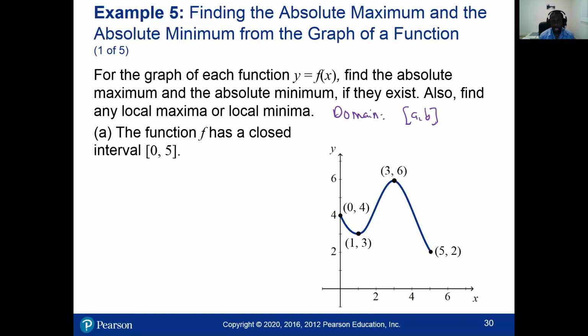By the extreme value theorem, if you have a closed interval like this, then you have to find the function value at the endpoints, and also at the local turning points.